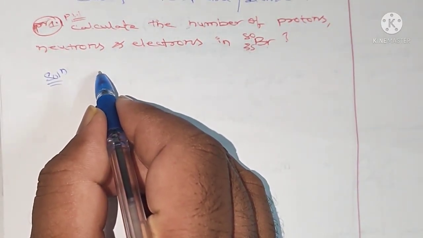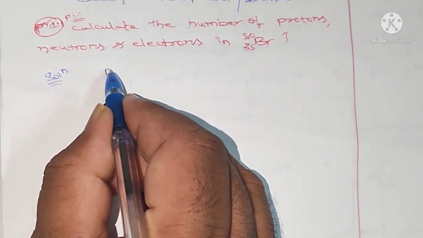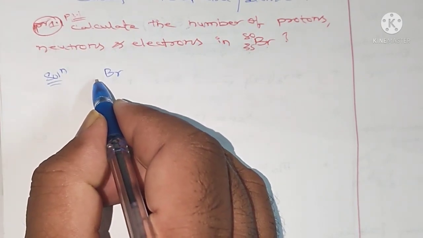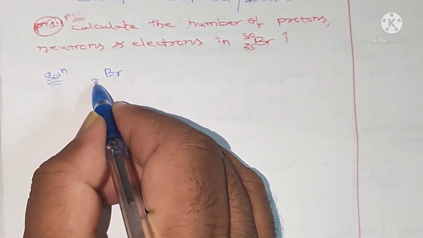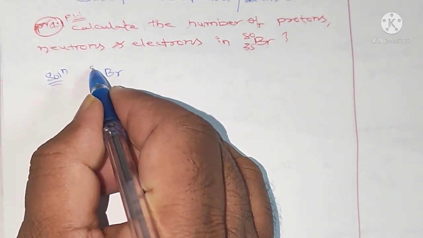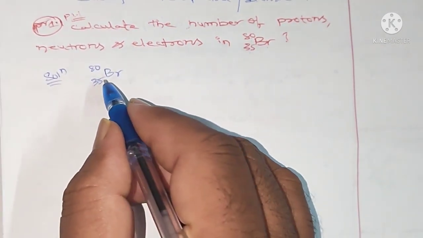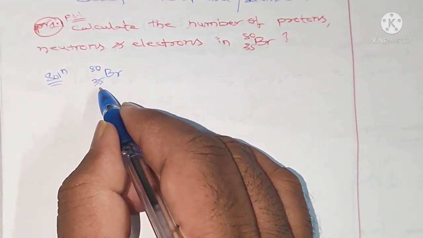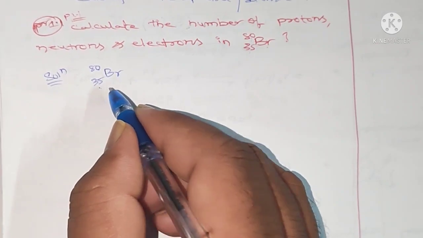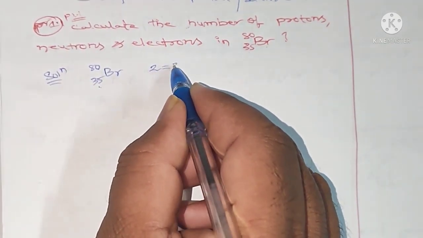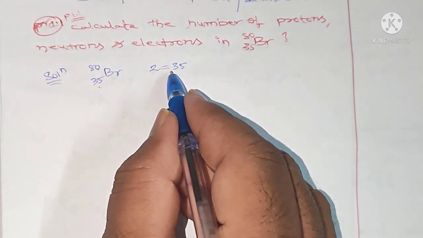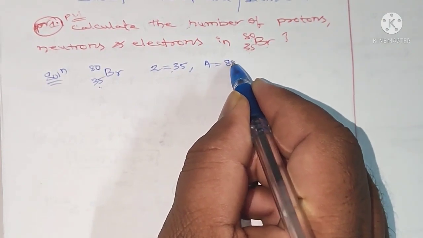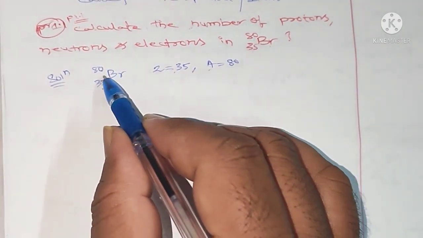So here the atom is bromine, and the subscript is 35 and the superscript is 80. We know that the superscript indicates the mass number and the subscript indicates the atomic number. So here Z is equal to 35, the atomic number, and A is equal to 80, the mass number.